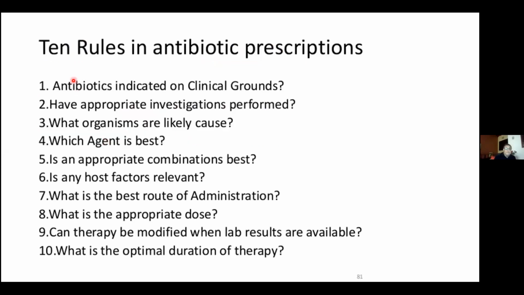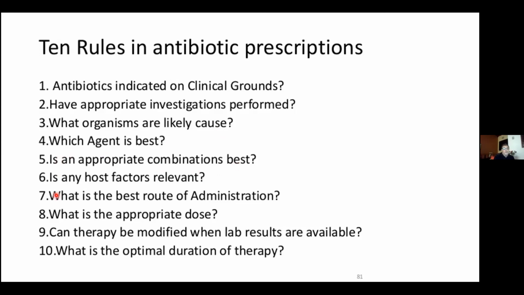These are some of the rules you need to remember when you prescribe antibiotics. Are antibiotics indicated on clinical grounds for your patient? Have you done appropriate investigations before prescribing? What organisms are likely to cause the infection or the patient's problem? Which agent is best for that particular condition? Is a combination appropriate?